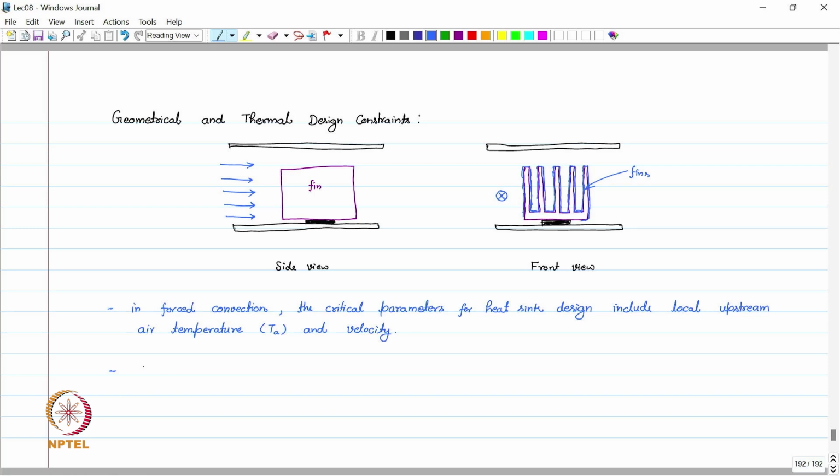The cross-section area details such as width and height also play an important role in heat sink design.